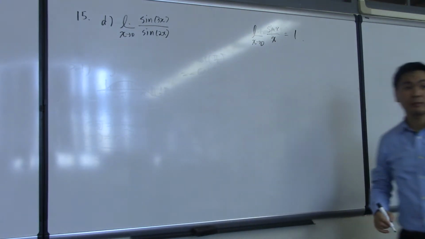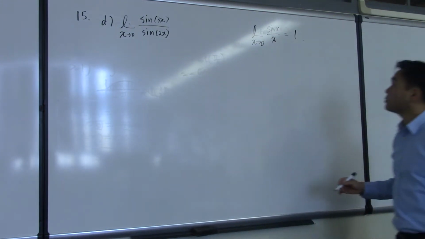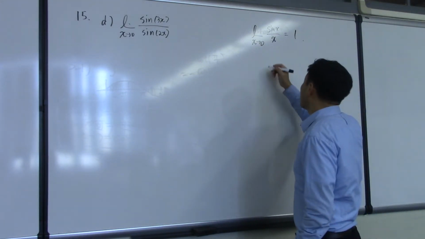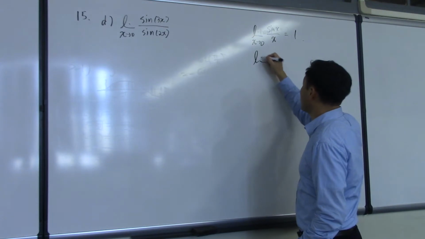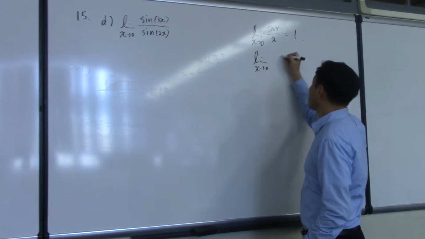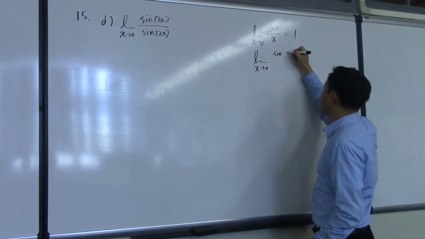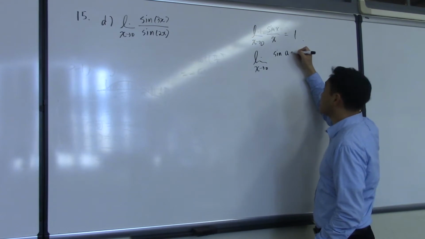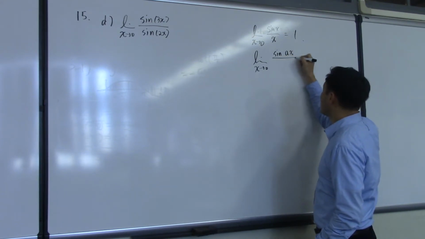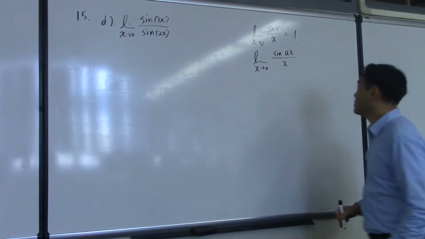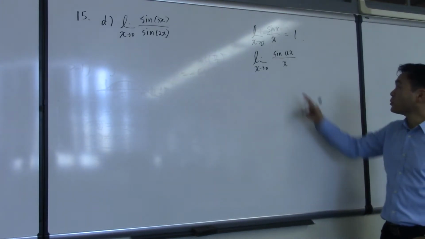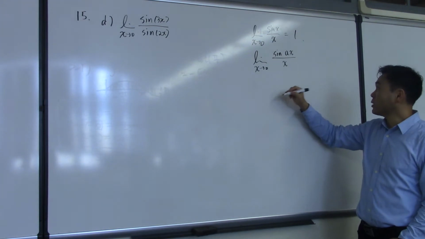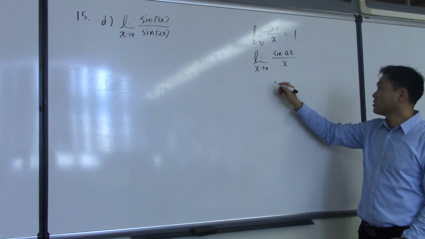This we learned, right? Now, with this, you have to know that if you have the limit as x goes to 0 of sine ax over x, suppose you have to solve this. Well, the way you do this is by substitution.